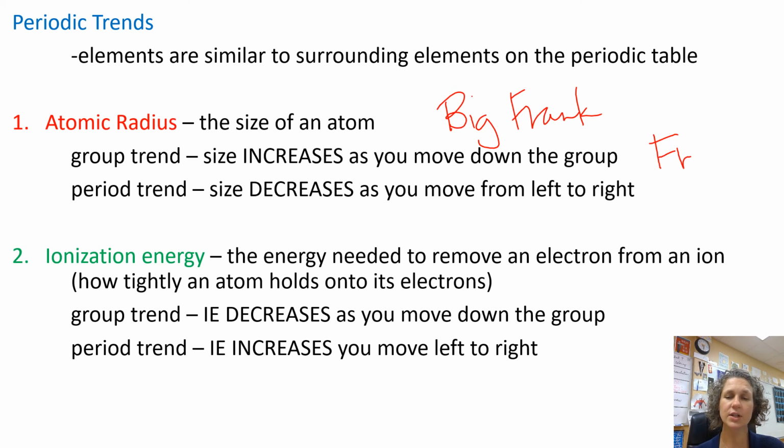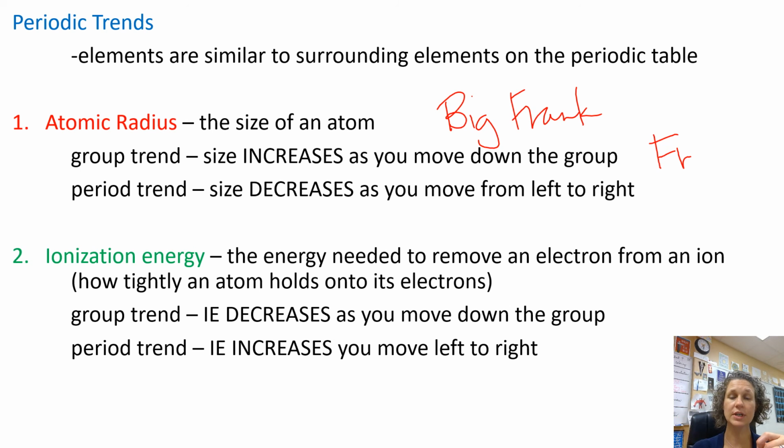All right, ionization energy. Ionization energy is how much energy it takes to remove an electron from an ion. So basically, how tightly is it holding its electrons? So ionization energy, IE there, decreases as you move down the group. So that means the elements at the top have higher ionization energy.